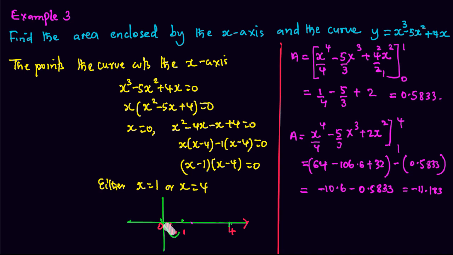So our diagram will look like this. So we have an area above and we have an area below. So the sum total area is 0.5833 plus 11.183. We ignore the negative sign because it doesn't affect the magnitude of the area.